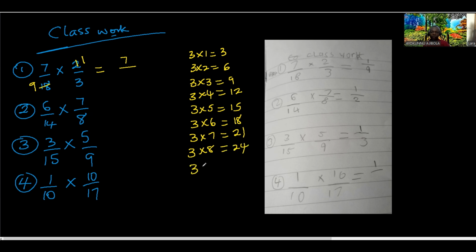So what should be 3 times 9? 28. No, try again. 27. So it should be 7 over what? 7 over 27.